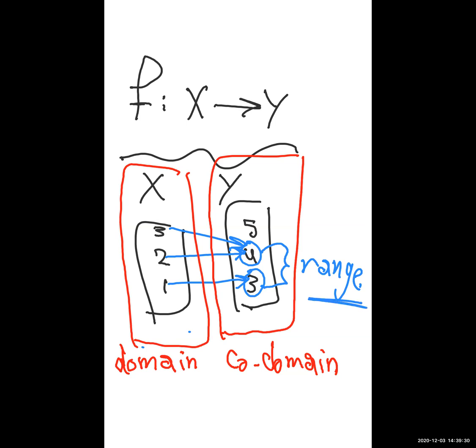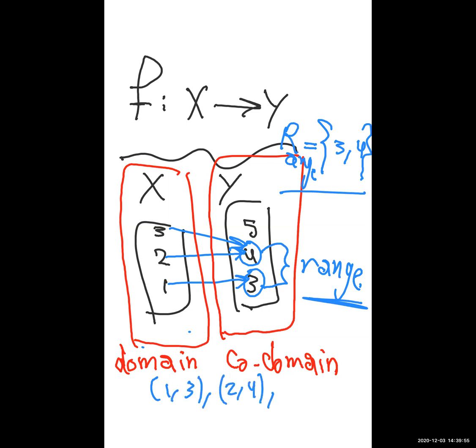Actually, guys, if there is a question related to the range, I have to write down range will equal the set of 3 and 4. Okay. If it becomes ordered pairs, like now the ordered pairs are 1 and 3, and 2 and 4, and 3 and 4, right? This is the ordered pairs, or this is the set of the function, right, guys? Yes, mister.